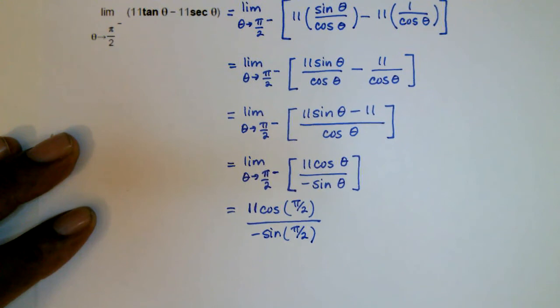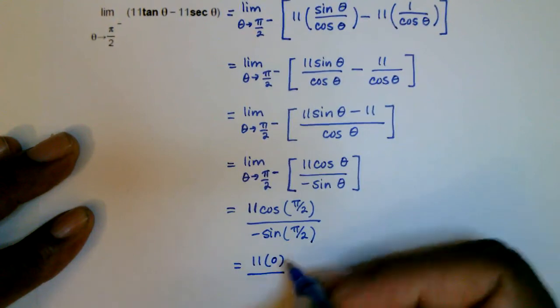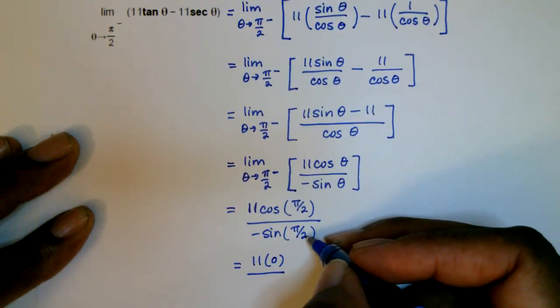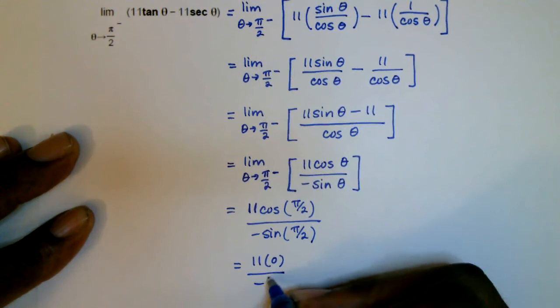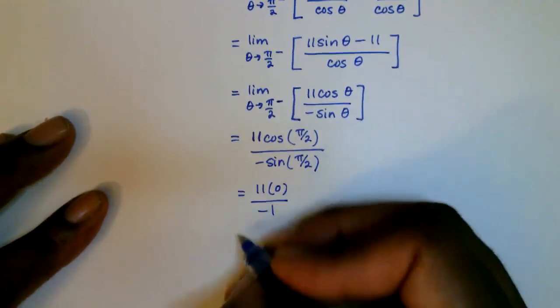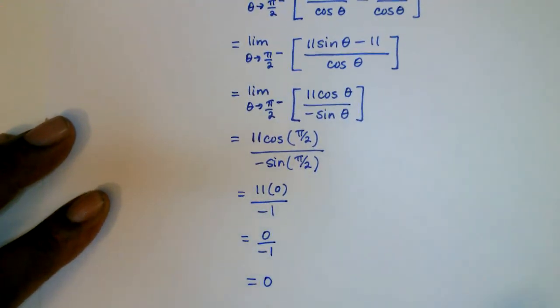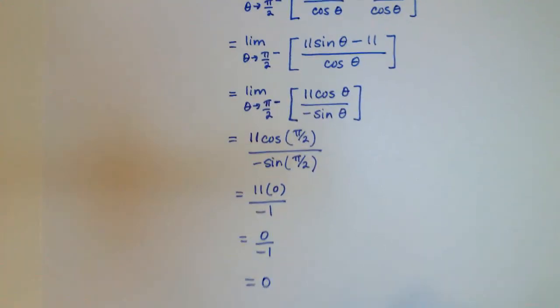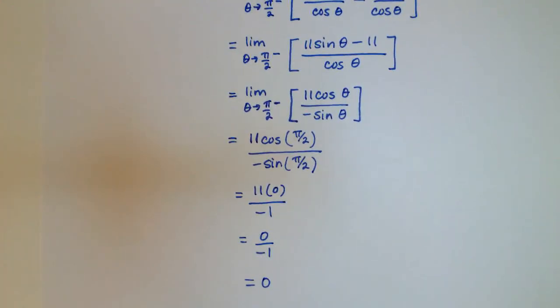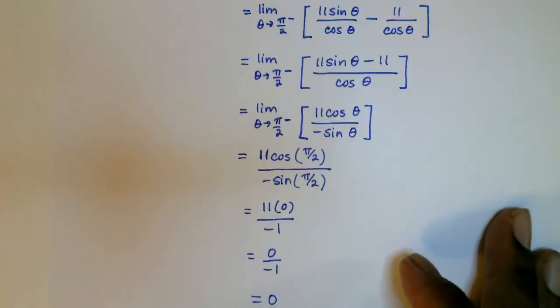Cosine of pi over 2 will be 0, so this will be 11 times 0 over the sine of pi over 2 is 1, but I do have the negative in front of that, so that'll be negative 1. And then 11 times 0 is 0, divided by negative 1 ends up being 0. So the limit as theta approaches pi over 2 from the left of 11 tangent theta minus 11 secant of theta ends up being 0.